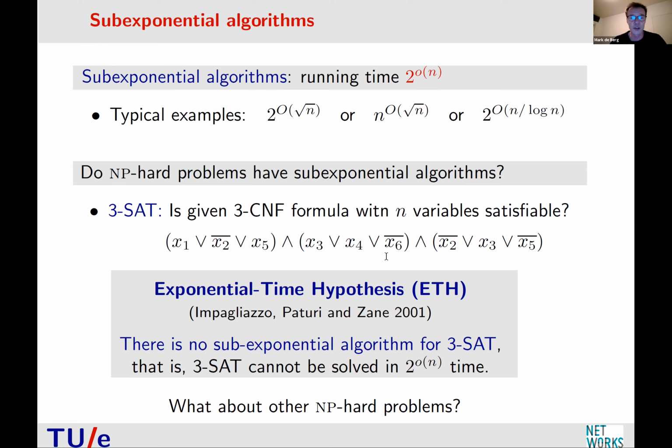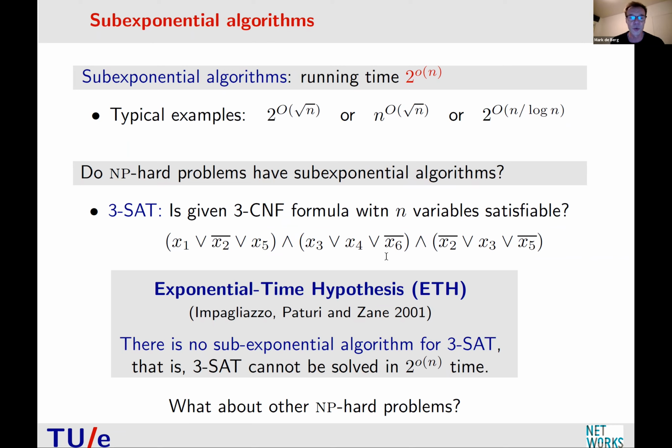This exponential time hypothesis, ETH, is, I guess, for P is not equal to NP, almost everybody believes that it's true. I would say probably most people believe that it's true, although I'm not a complexity theory person, so this is a little bit of a guess.